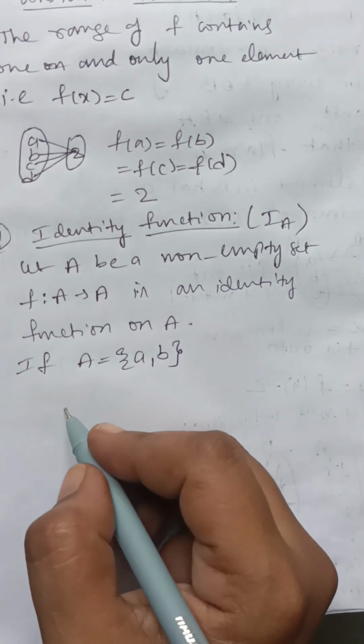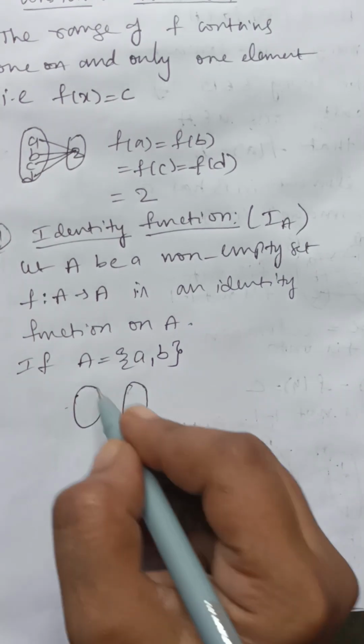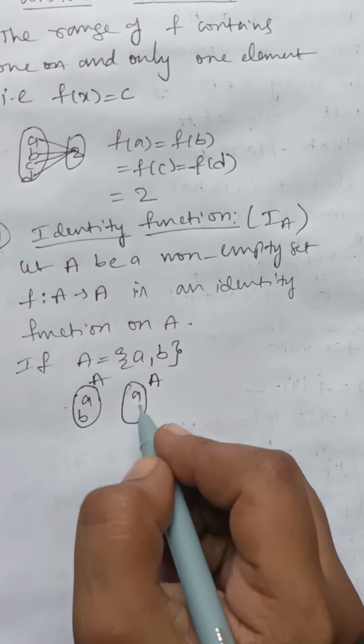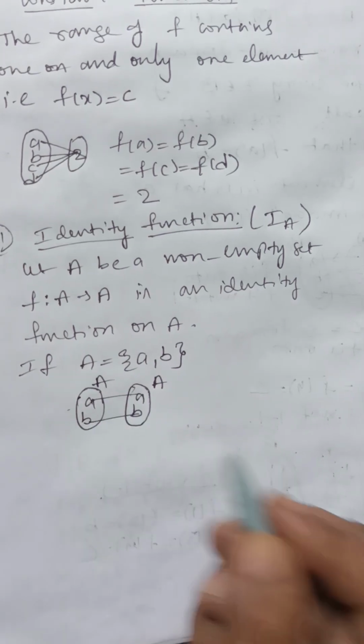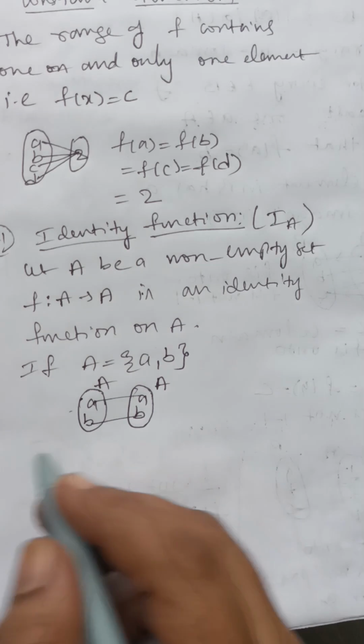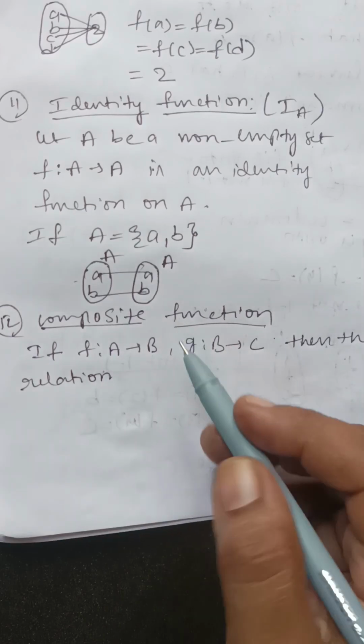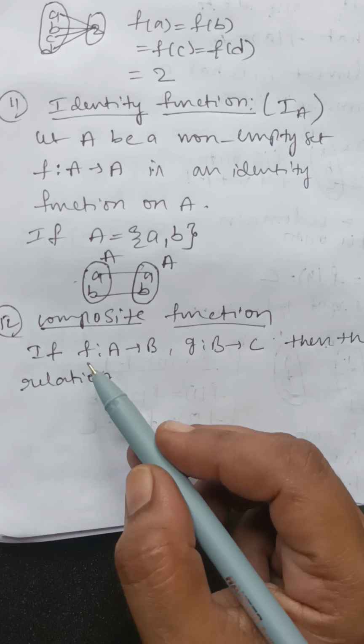So take an example. If A has 2 elements, the same sets we have to take here, A to A, so A B, here also A B. So this type of function is an identity function.